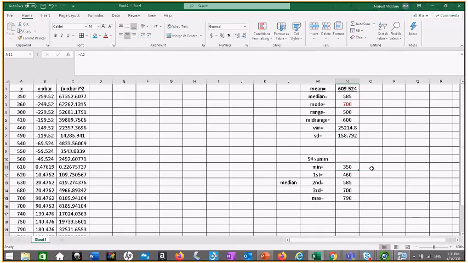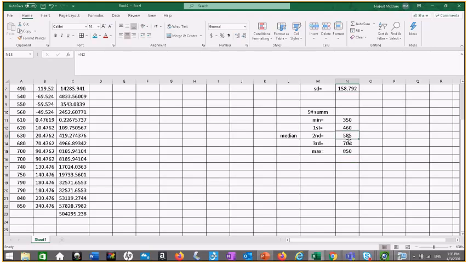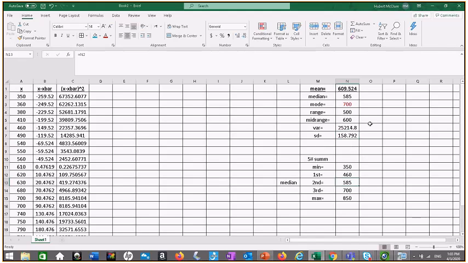Min would stay the same. Max is going to be equal to 850. The mean should be 585. The median, yeah, no, we've got to do the median. I didn't do the median. The median is going to be equal to the middle number, which would be 10 down. 1, 2, 3, 4, 5, 6, 7, 8, 9, 10.